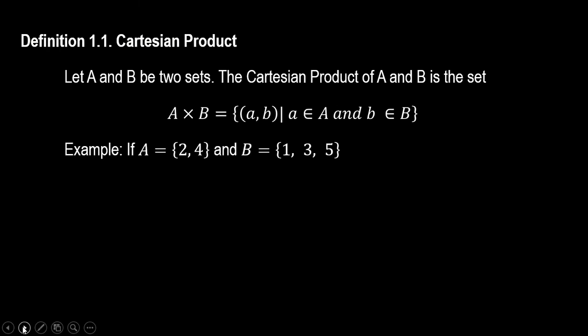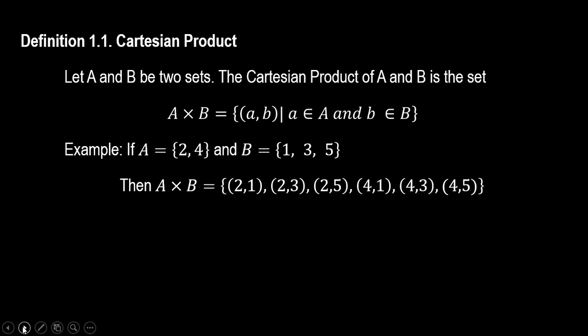For instance, given that we have set A equal to the elements 2 and 4, and set B elements are 1, 3, and 5, let's have the Cartesian product of A and B. The Cartesian product of A and B are the following ordered pairs: (2, 1), (2, 3), (2, 5), (4, 1), (4, 3), and (4, 5).